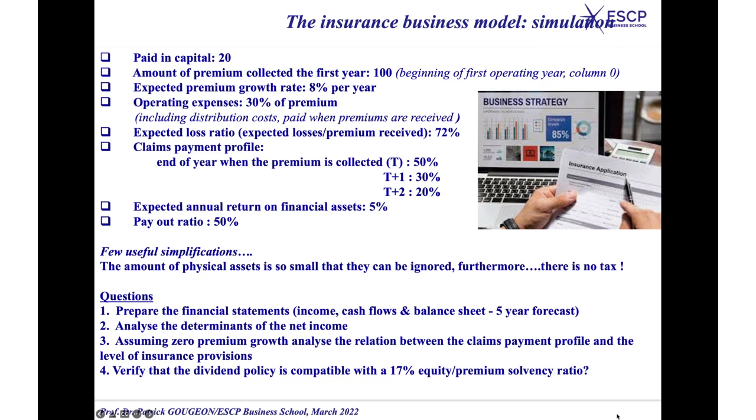Year 1, you would pay 50% of the total claims, year 2, 30%, and year 3, 20%, okay? That's a graph of claims payment over time. And you see, if you take a simple average delay, we can say that on average, the claims payment will take place 1.7 years after premiums have been collected, which is the simple average as you can see here.